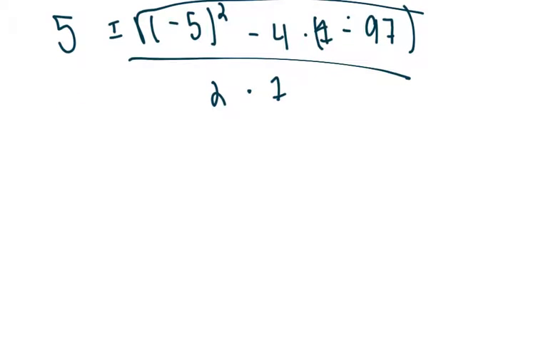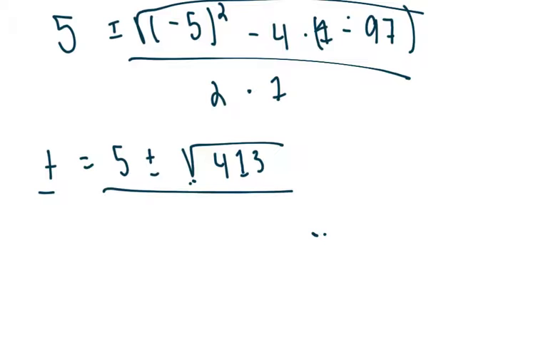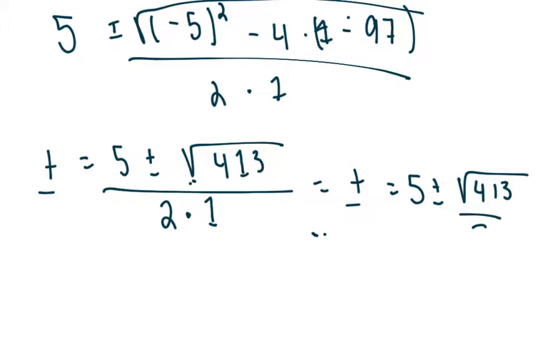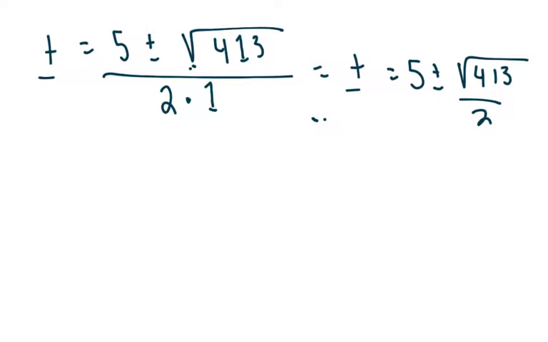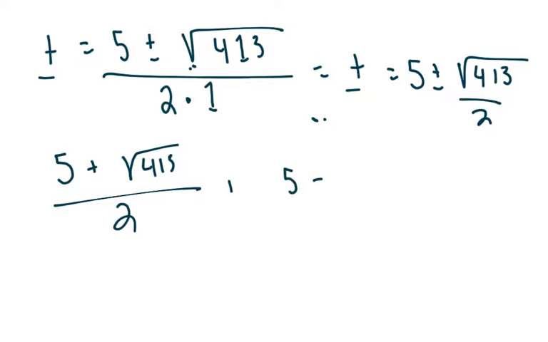Once we simplify this, we get t, which is what we're looking for, equals 5 plus or minus the square root of 413 over 2, giving us 2 options: 5 plus the square root of 413 over 2, or 5 minus the square root of 413 over 2.